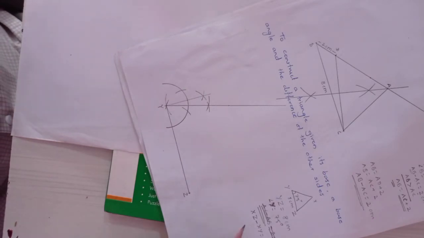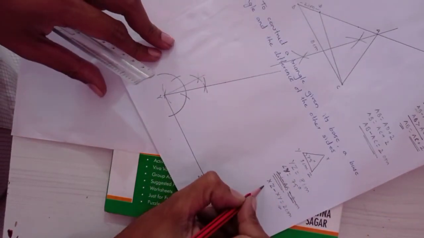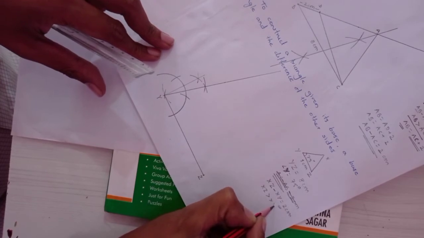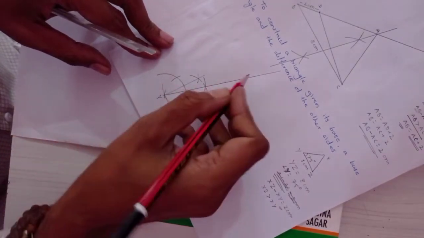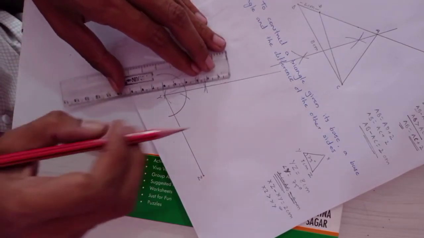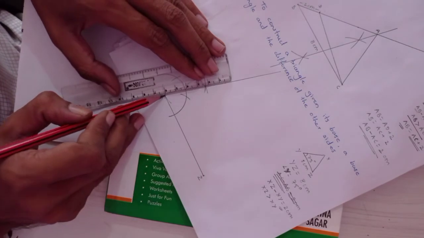Now please note, we have to draw XZ minus XY is 2 centimeters. It means XZ is greater than XY. XY will be on this side and this side is bigger. So for this, I need to extend this at the bottom.